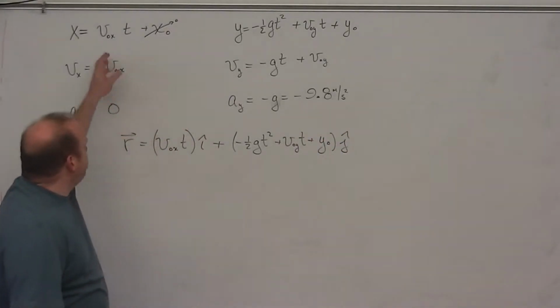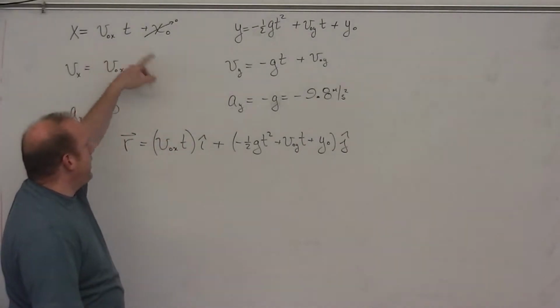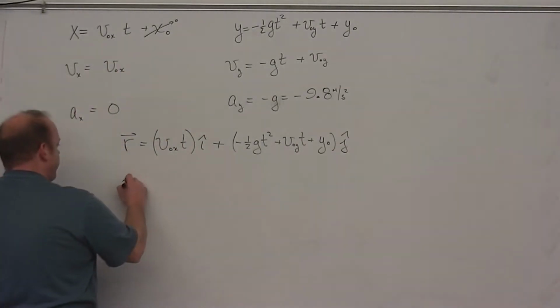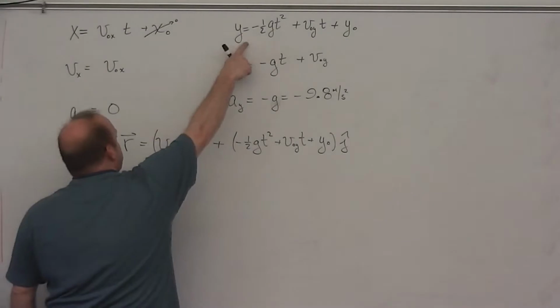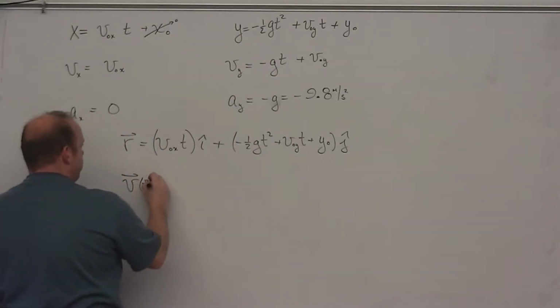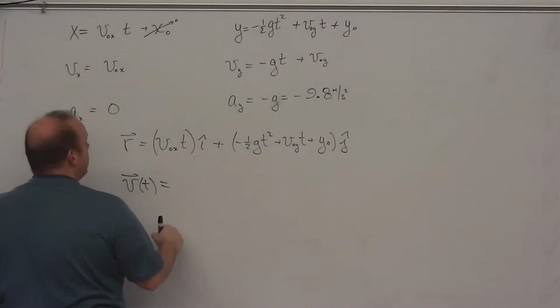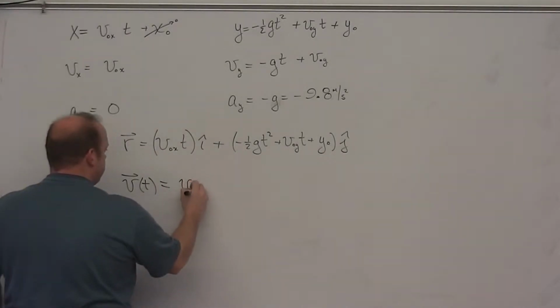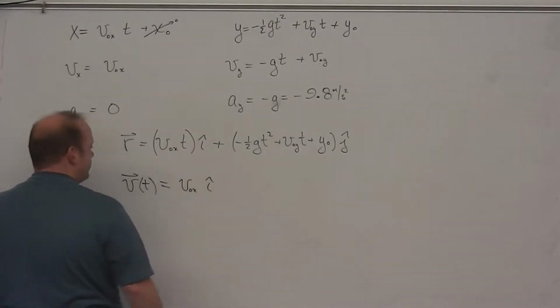So our 6 equations of motion we can get down to 3, and we can just take the derivatives to figure out what the rest of them are. Once you know these two, you put it into one equation, and then velocity is a function of time. If you take the derivative of this, you get v0x I hat.